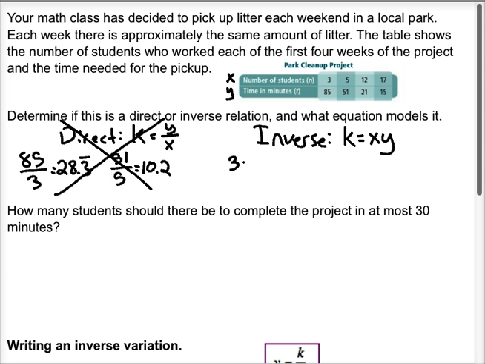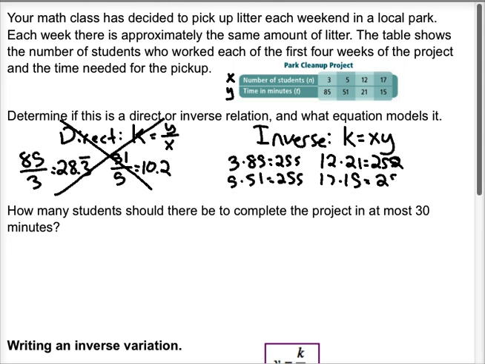So let's try it. 3 times 85 is 255. 5 times 51 is 255. 12 times 21 is 252. And 17 times 15 is 255.